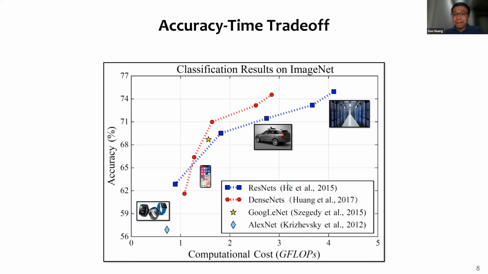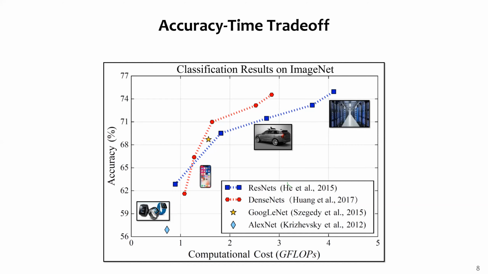So here's our motivation. If we look at this plot, the vertical axis shows the accuracy, and the horizontal axis shows the computational cost. Here we plot some of the popular convolution networks on this plot.